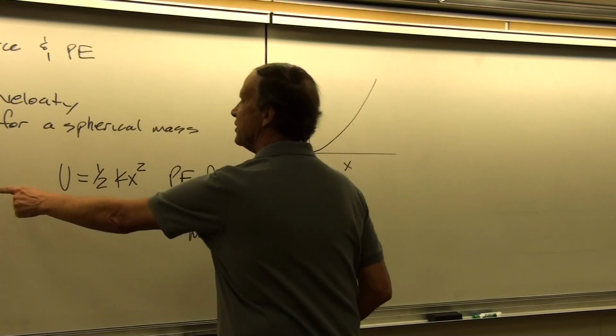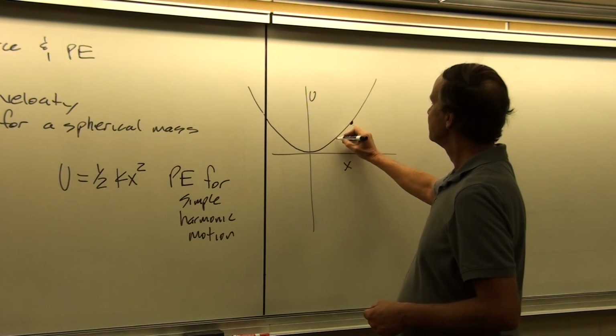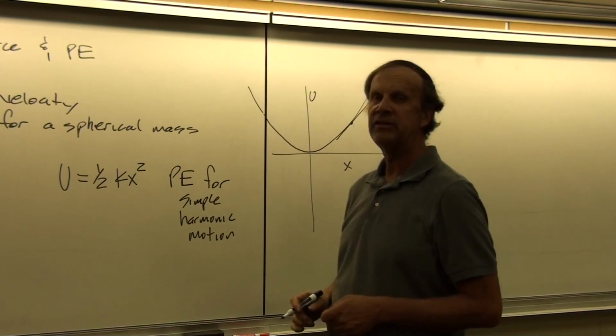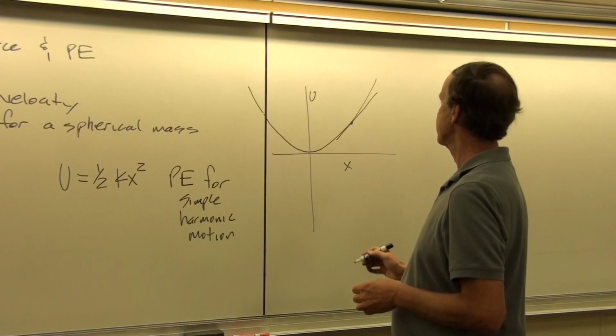Now what this relationship tells us, F equals minus dU/dx, is that if you were to take the slope of this curve and then change the sign on that, that would give you the force function.